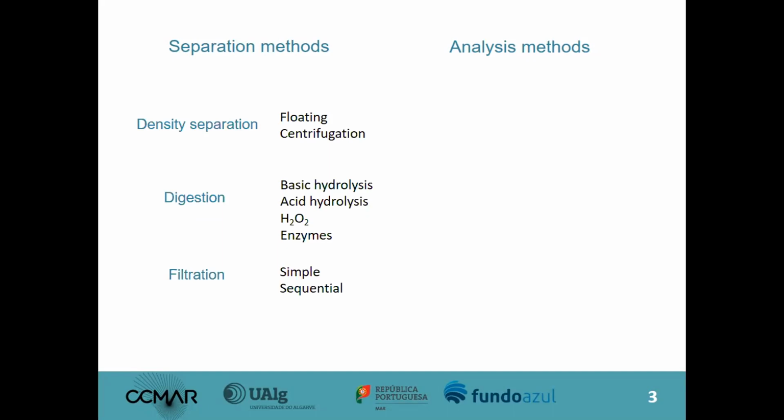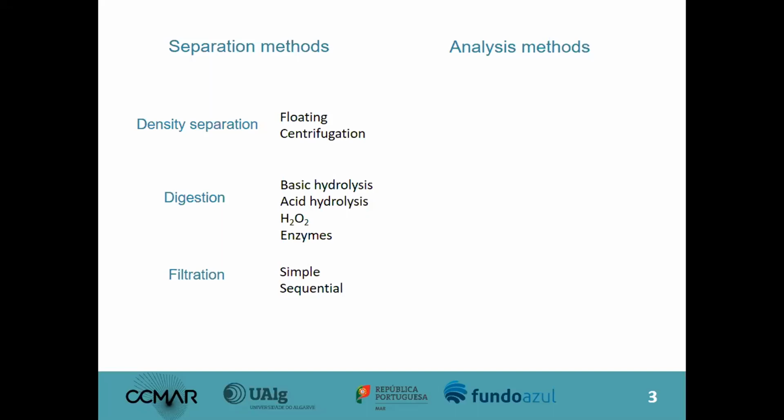Another one is digestion of the sample. We are talking about samples from marine origin. Digestion is very important when the samples have natural organic matter or living organisms, and also filtration, which is a first help in order to select the microplastics by size.